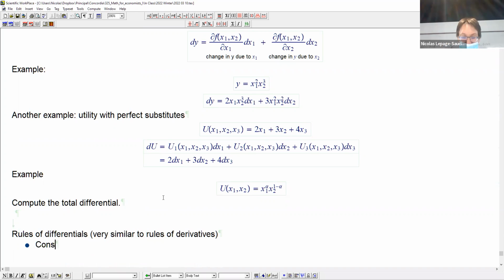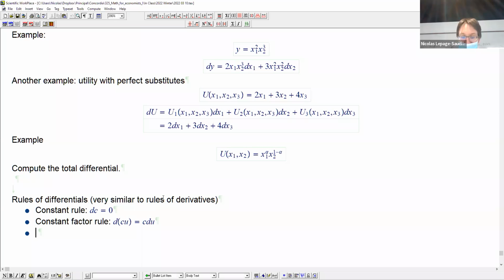Constant rule: dc equals 0. Constant factor rule. Here I'm not taking too long to prove stuff, but it would be a neat exercise to try them. d(cu) equals c du.